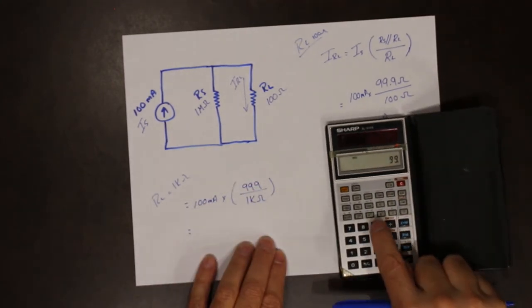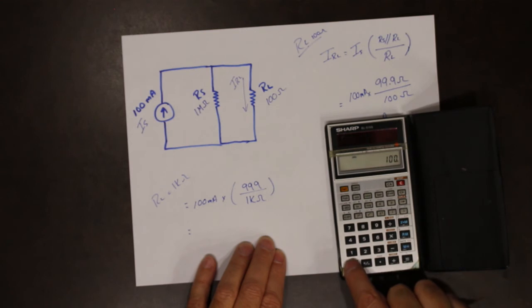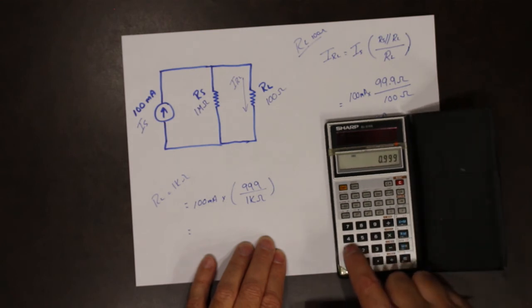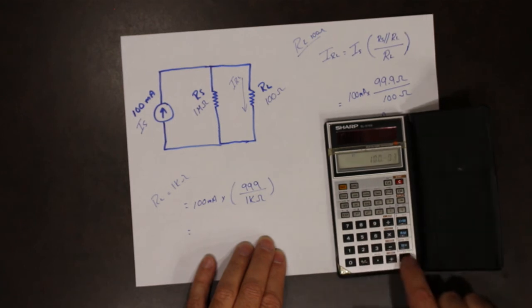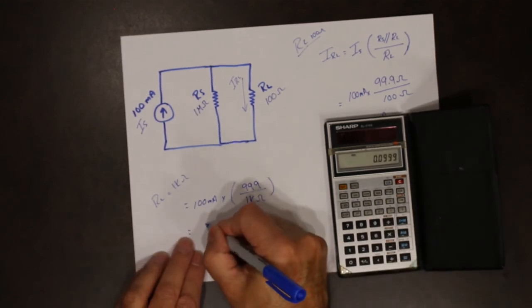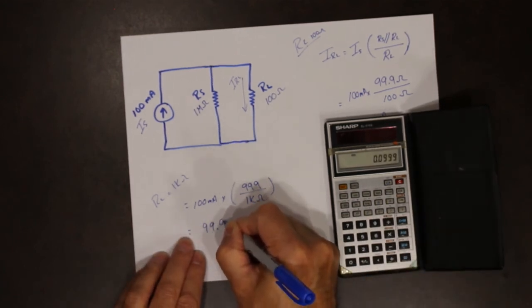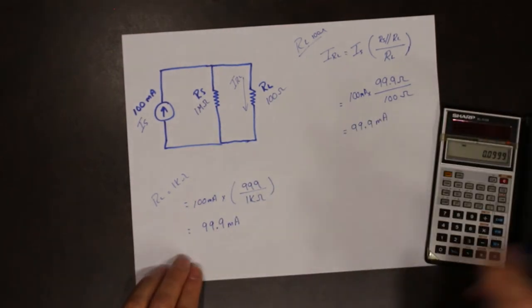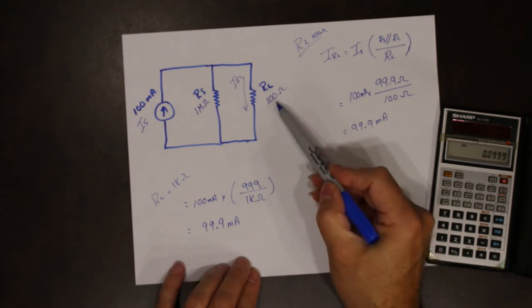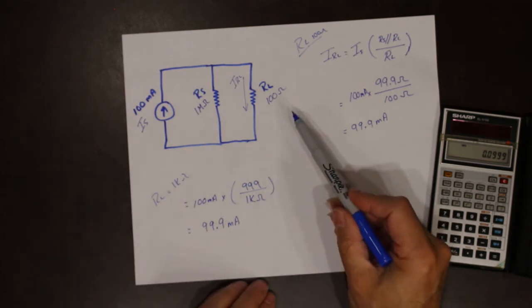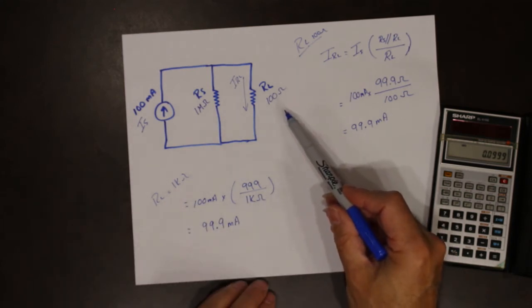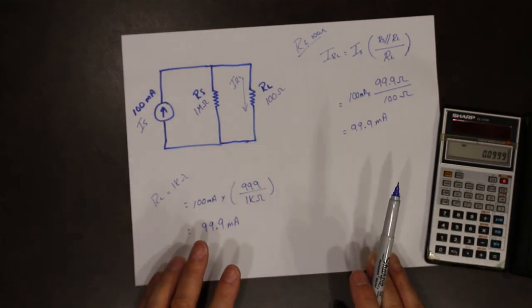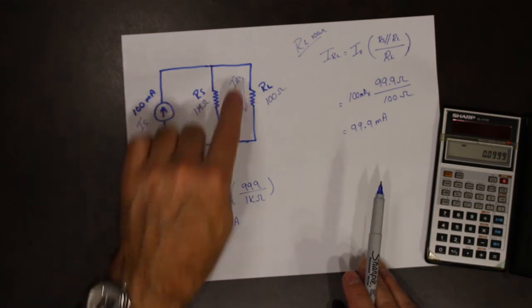I got 999 divided by 1000 times 100 milliamps, and again I'm getting 99.9 milliamps. So even though I have changed the value here by a factor of 10, I'm still getting roughly the same current flowing.